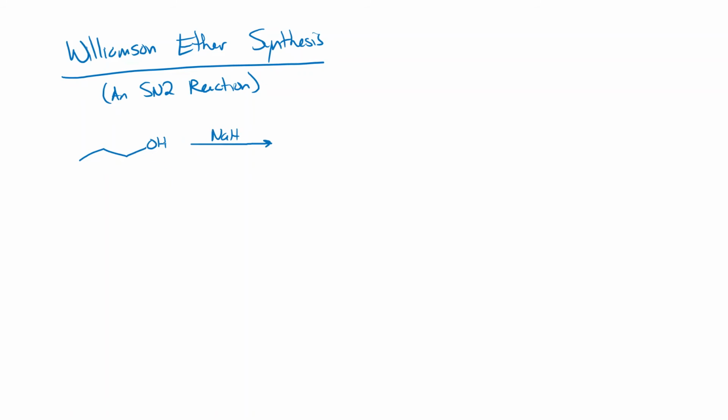But what's going to happen is instead of alcohol plus acid, which is everything we've done so far, now we're going to do alcohol plus base. So we recognize sodium hydride immediately as a strong base, right? H minus is going to come take that hydrogen and it's going to make the conjugate base of the alcohol, which is an alkoxide. And now we can use this alkoxide to do SN2 reactions, right?